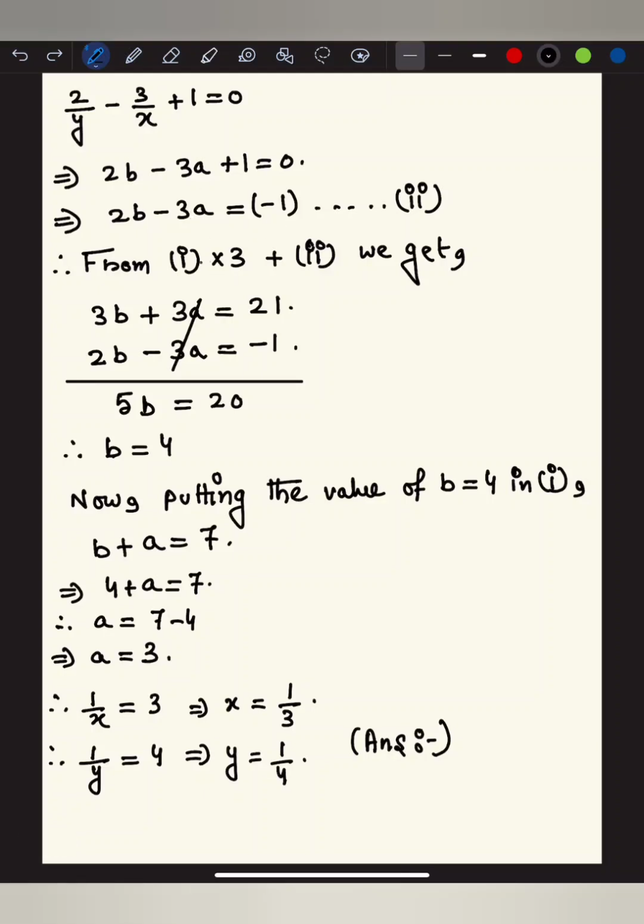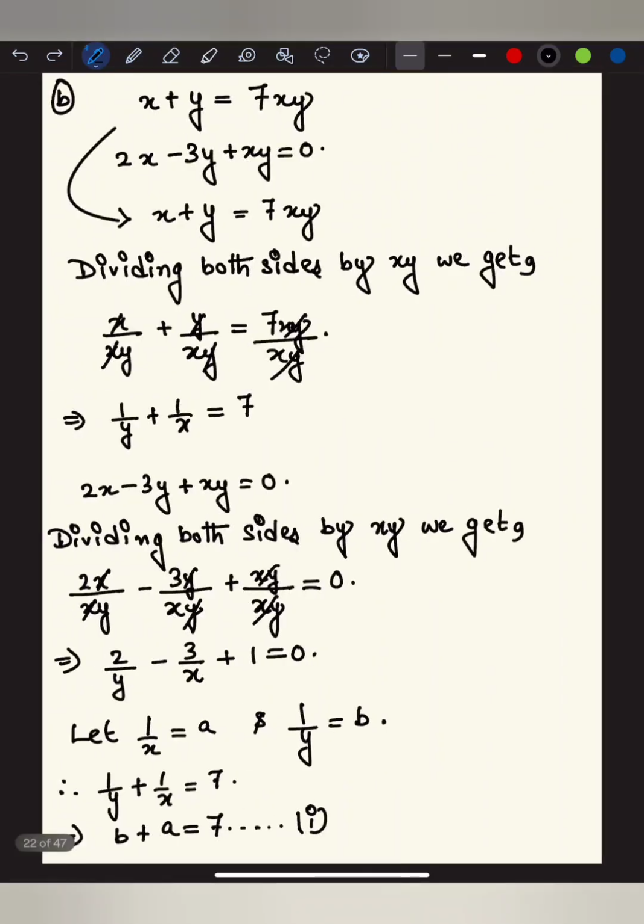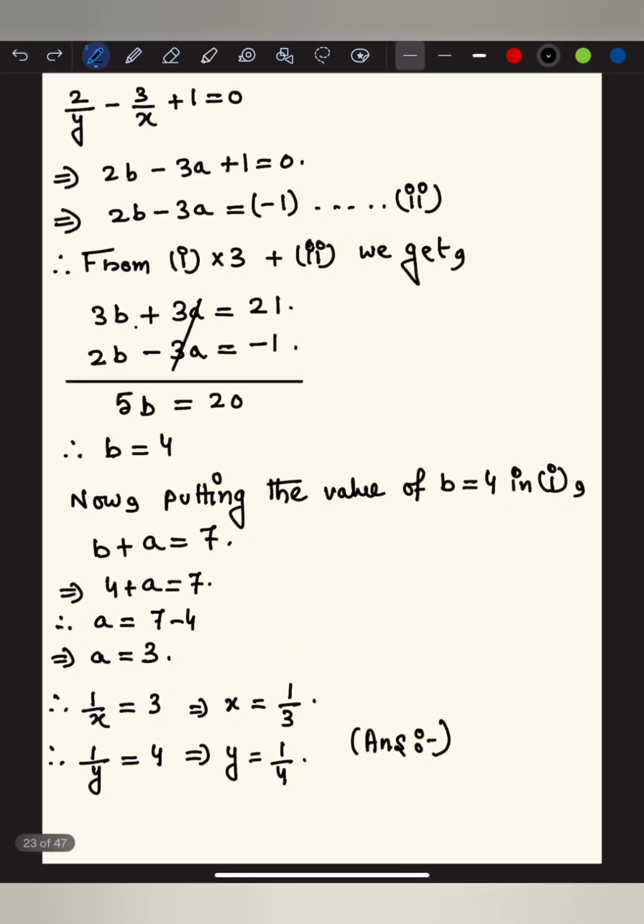Now if we multiply the first equation by 3 and then add it with equation 2, we will get 3b plus 3a equals 21. Adding equation 2, 2b minus 3a equals minus 1, the plus 3a and minus 3a get cancelled out.